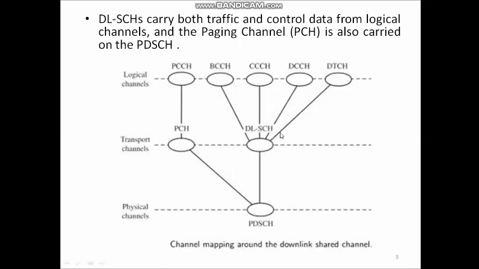Therefore, DLSCH carries both traffic and control data from the logical channels. Then PCH and DLSCH are both mapped to PDSCH. Therefore, the physical downlink shared channel carries control and traffic data from the transport channels PCH and DLSCH. So, it is associated with 2 transport channels.